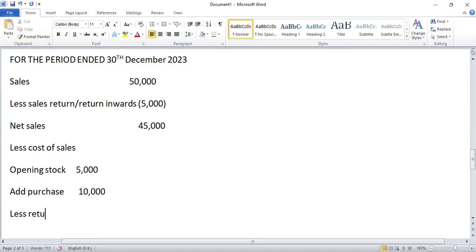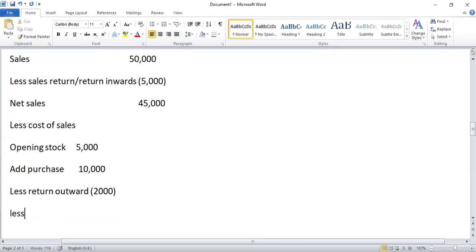We also call it purchase return. So we less it, let's say it's 2,000. So from this, you also less the closing stock. Let's say the closing stock is 3,000.